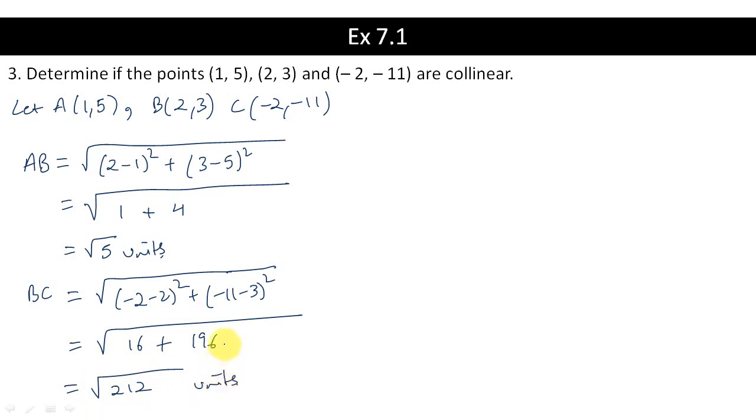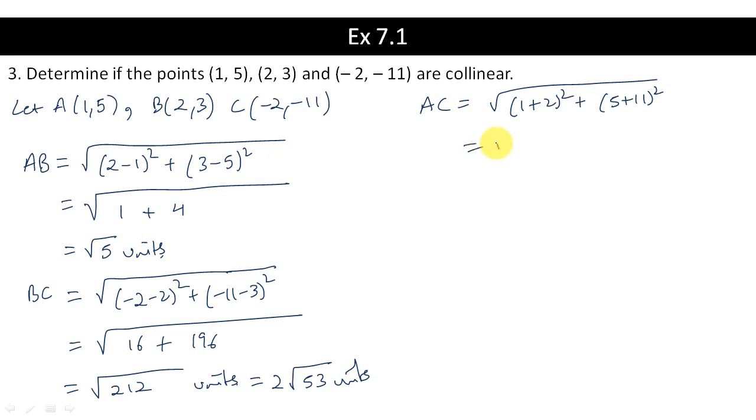This 212 can be simplified. 212 is 2 multiplied by 2 multiplied by 53. So this will be 2 under root of 53 units. And if we find the distance AC, it will be under root of (1 plus 2) square plus (5 plus 11) square. So 3 square is 9 and 16 square is 256. So this will be under root of 265 units.